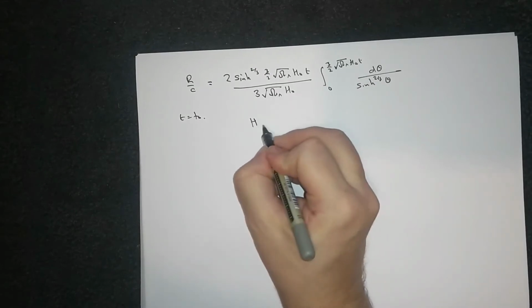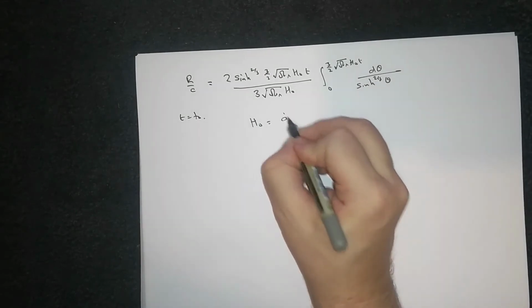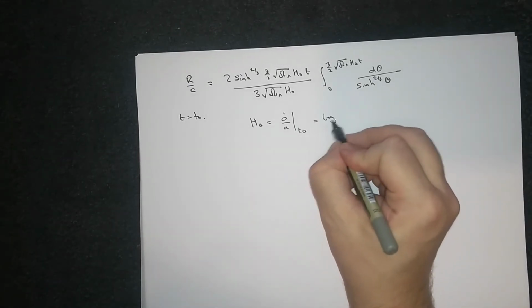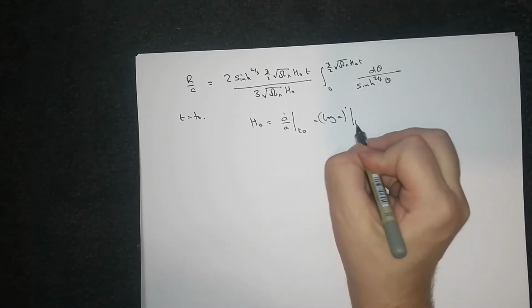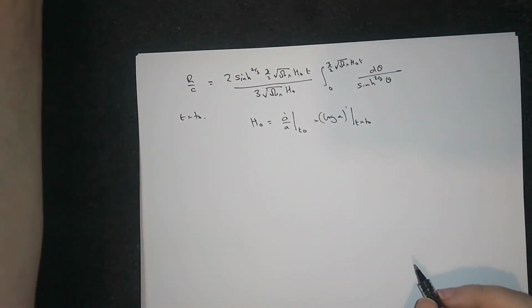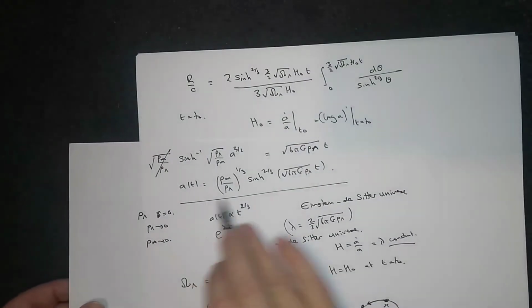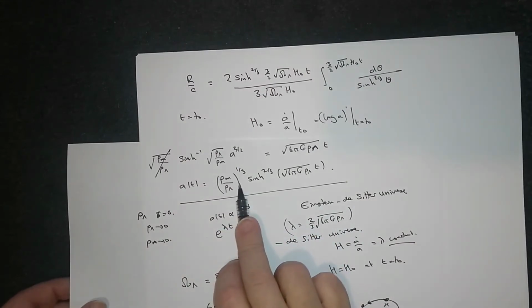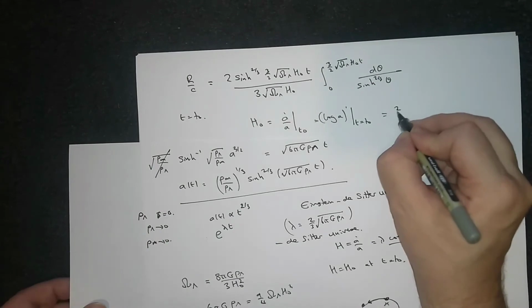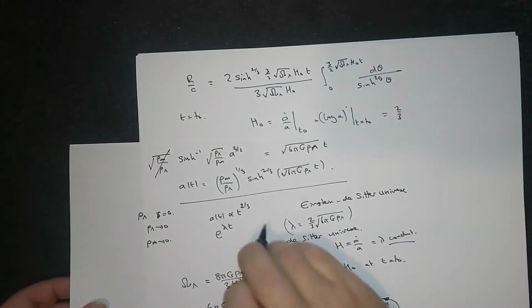Let's just work out what H naught is. It's a dot over a at t0. So that's log a dot at t equals t0. So since we're taking the logs and then differentiating, this constant doesn't make any difference. We're going to get 2/3.